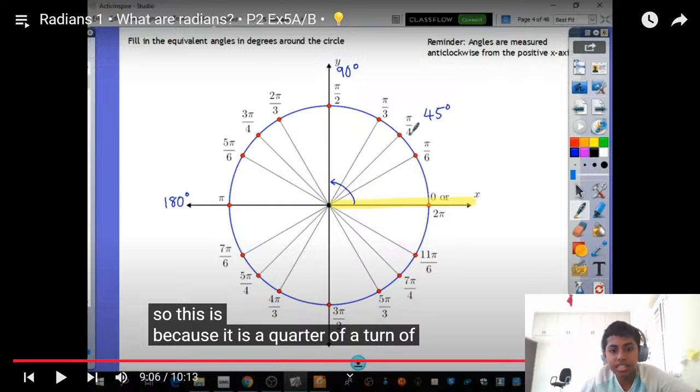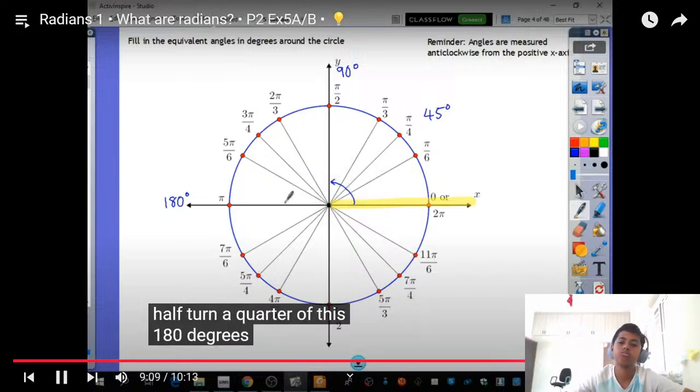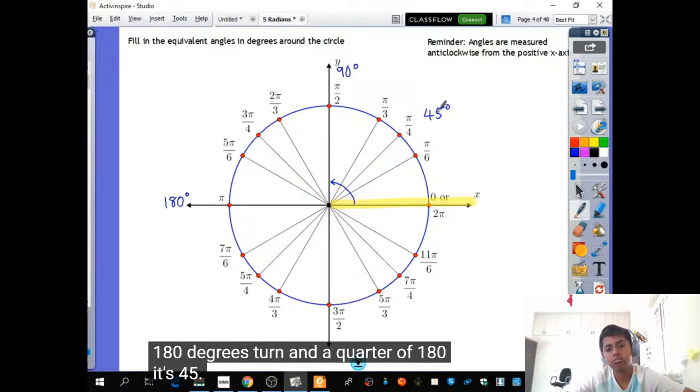So if this is 90 degrees, which is half of 180, it's half of pi, which is pi over 2. And then a quarter of the 180 degree half turn is 45 degrees.